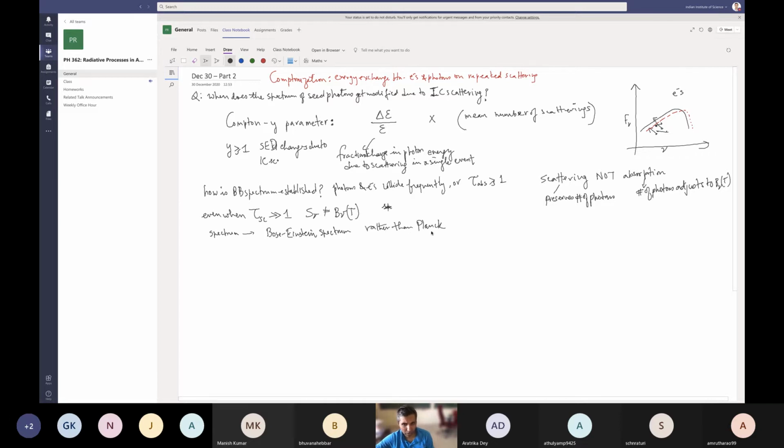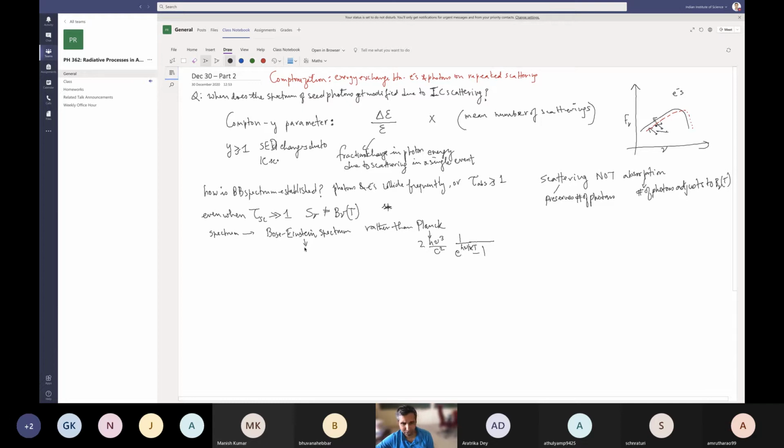So what is the Planck spectrum? Let me write it in terms of nu. This is 2 h nu cubed by c squared, 1 by e to the h nu by kT minus 1. So this is the Planck spectrum.